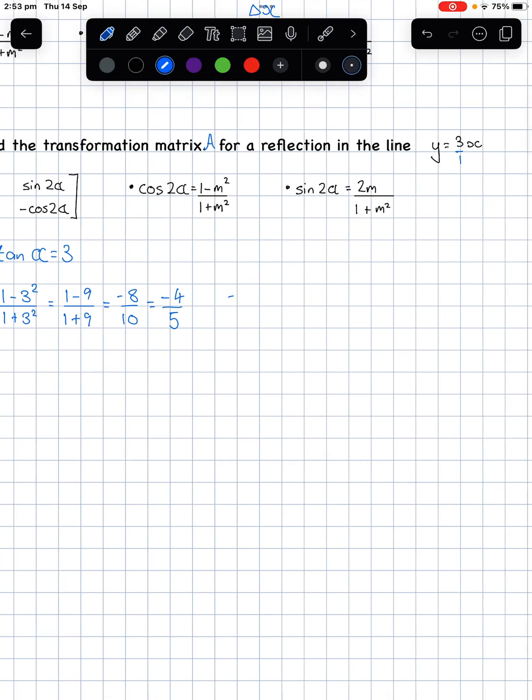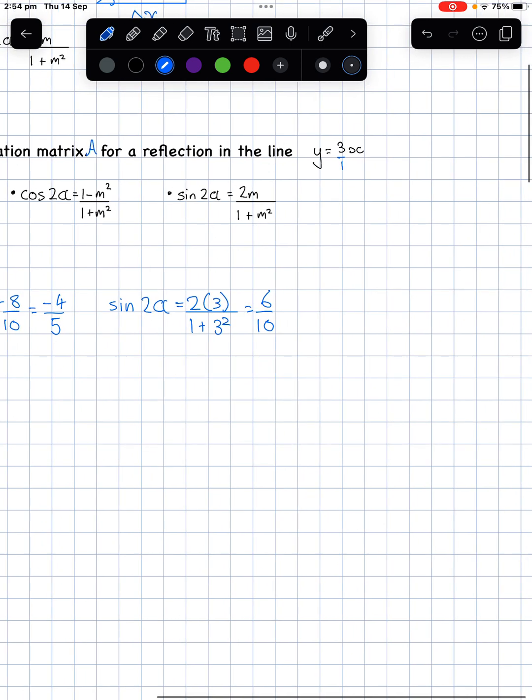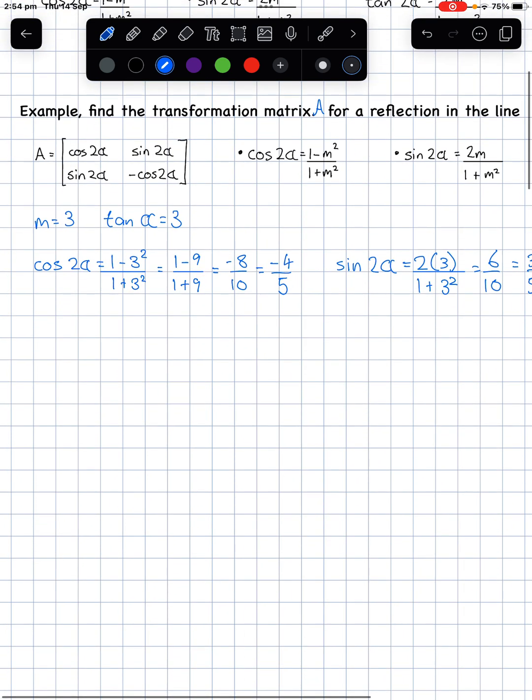Sine 2 alpha equals 2 times m, which is 3, over 1 plus 3 squared, which gives us 6 over 10, which equals 3 over 5. So this means our transformation matrix is going to be cosine 2 alpha, which is negative 4 on 5.